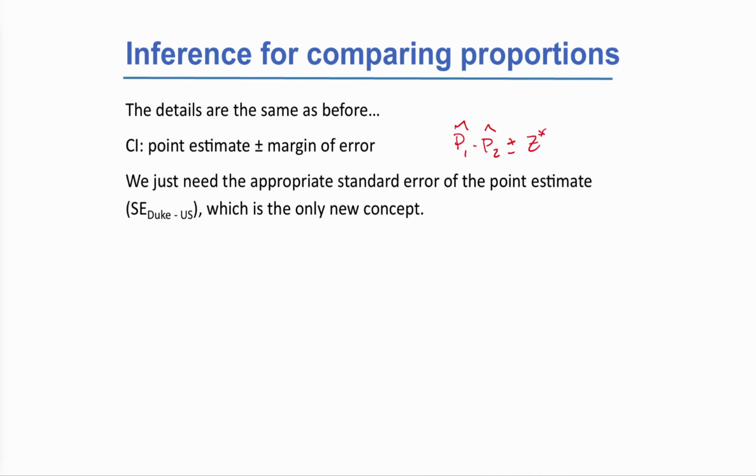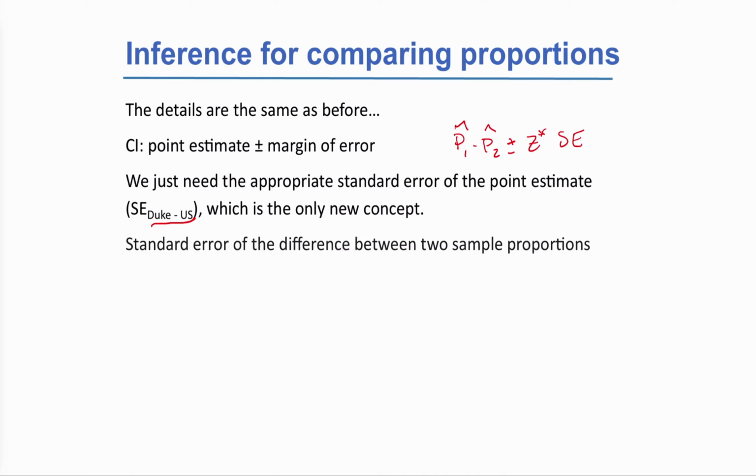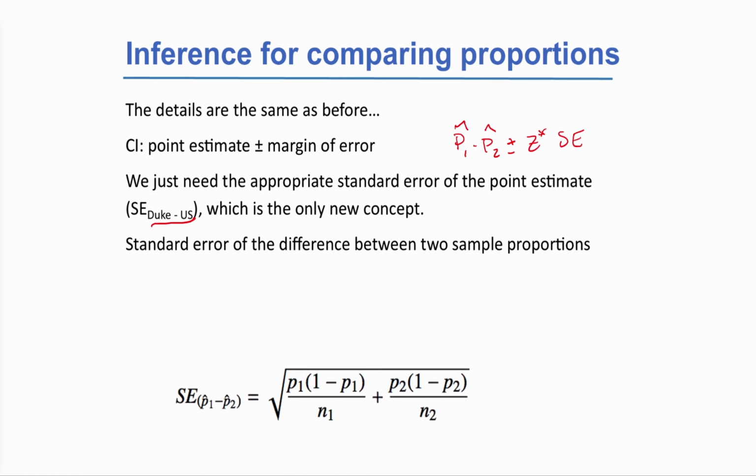It's just that we need the standard error for the point estimate of P Duke minus P US. So, standard error of the difference between the two sample proportions. Remember this formula? Very ugly looking. But it's P1 times 1 minus P1 over N1 plus P2 times 1 minus P2 over N2, and we take the square root of that.